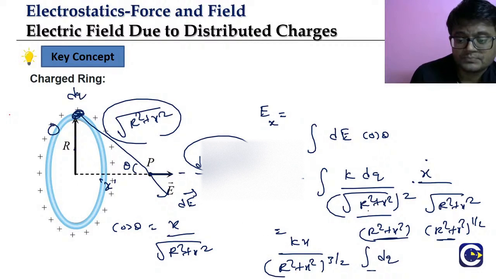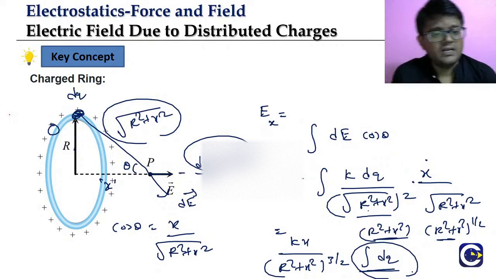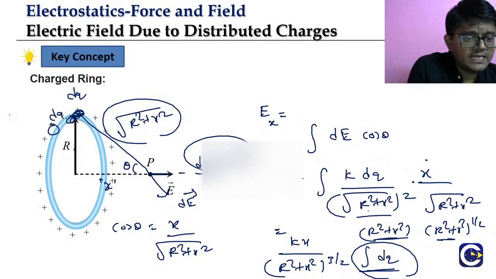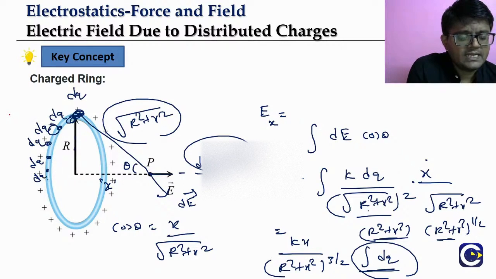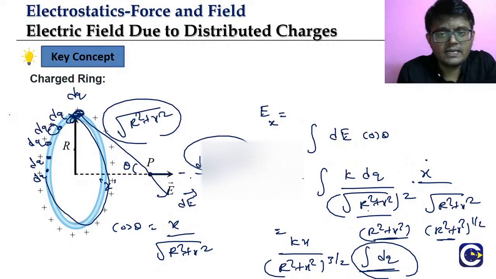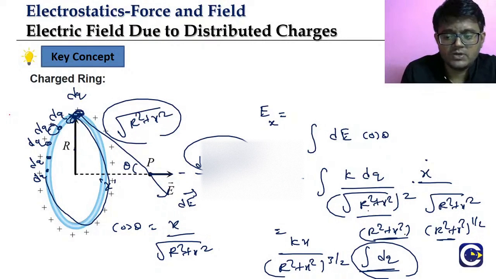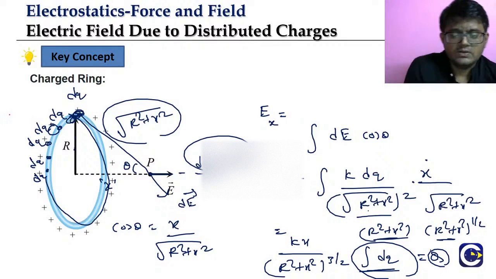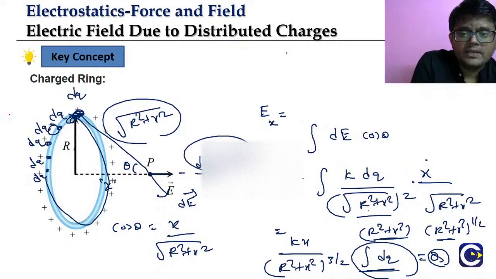Do you know what integral dq is? Integration is like a summation of all these small charge pieces. If we integrate all the small pieces on the ring, what do we get? The total charge of the ring. So what is the final answer? k capital Q x divided by r square plus x square whole power 3/2.